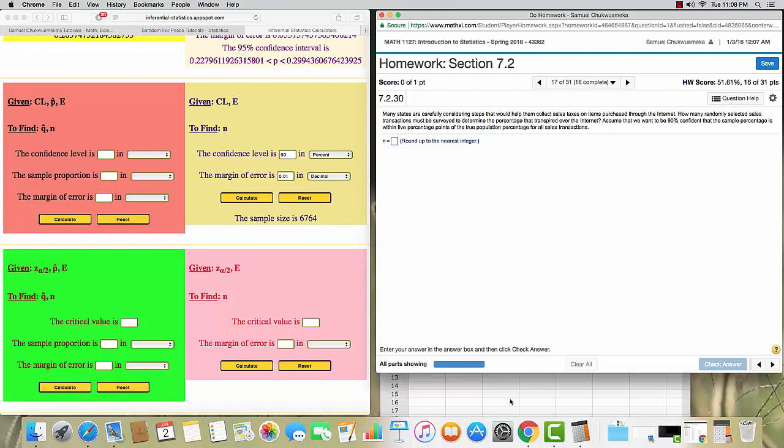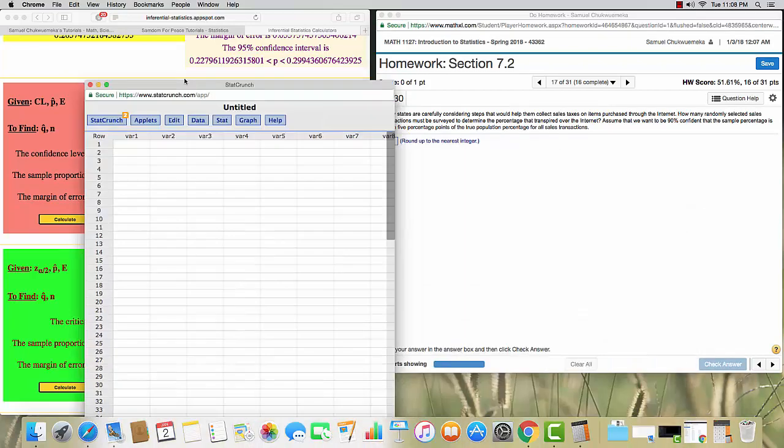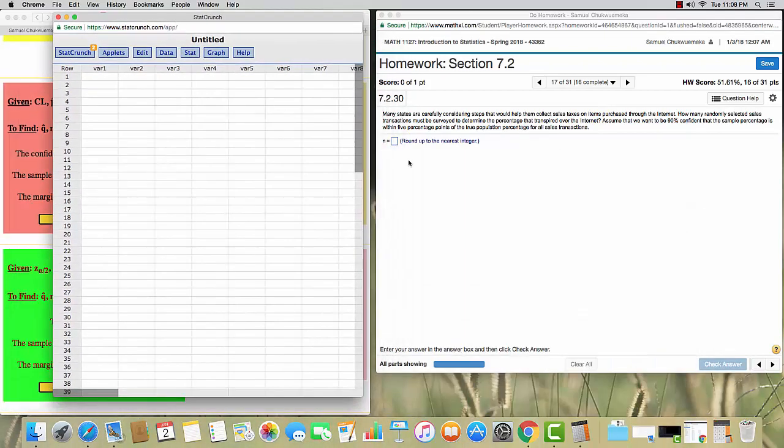Question 17. StatCrunch. Many states are carefully considering steps that would help them collect sales taxes on items purchased through the internet.